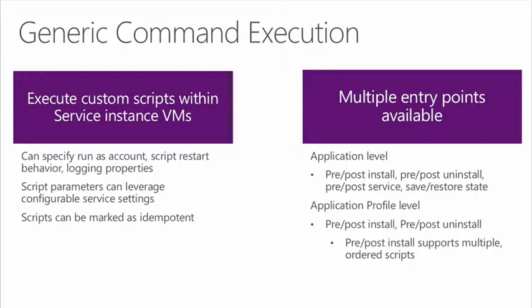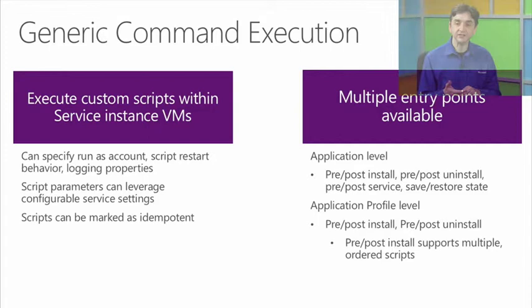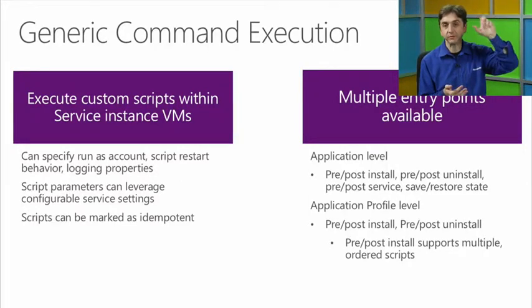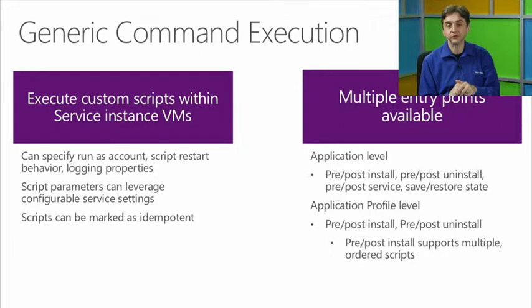So as I create a service template and I create the pre and post install commands that I'm going to use when I'm deploying these virtual machines, I can run these generic commands that kick off certain tasks or run certain things, and I can do this at multiple different entry points. I can do it at the entire service level. So in other words, I start deploying the service, I want to run a pre-script and I want to run a post-script.